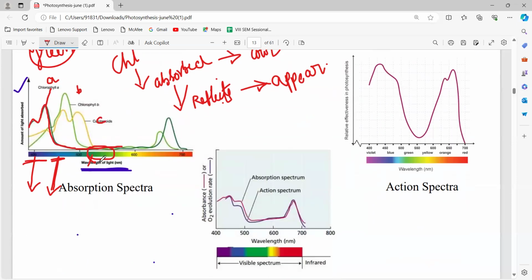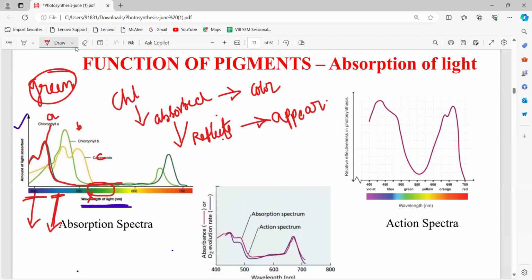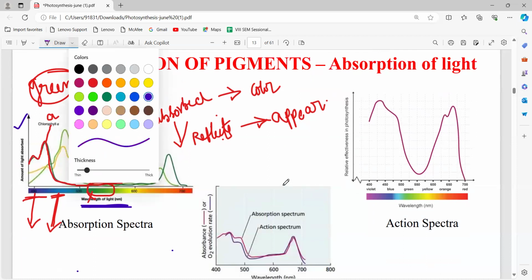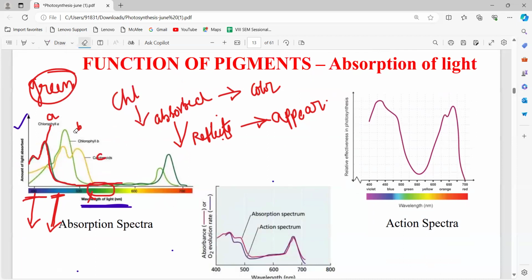The reason is that chlorophyll A always reflects the green light. No point in getting confused, it is very easy to understand. All right, that is clear. Now all the students, try to understand my statements correctly.